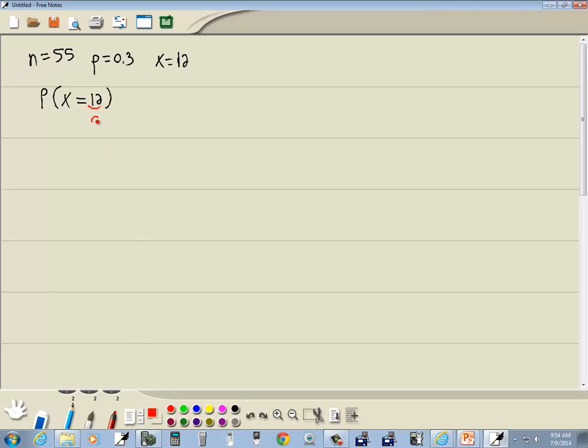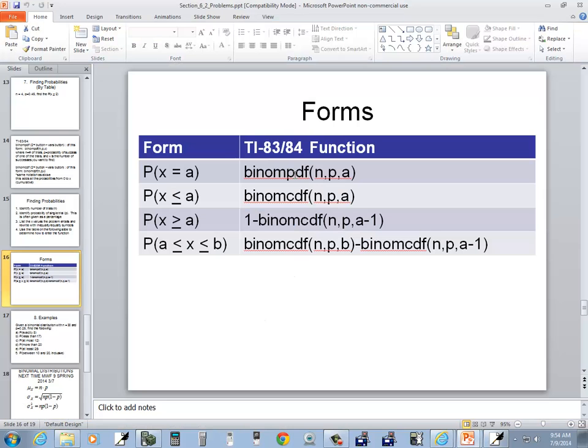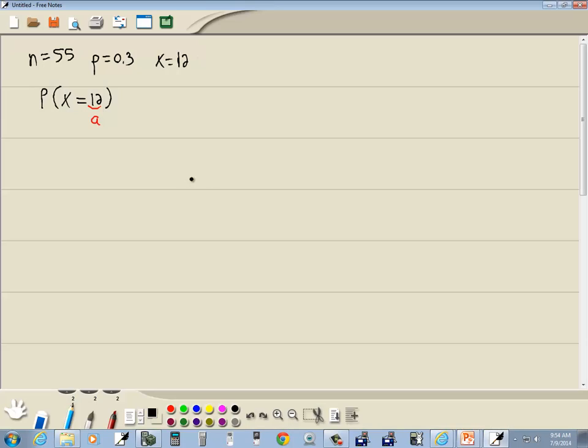So from our formula, it says we're going to do binomPdf. So we'll have binomPdf, n was 55, p is 0.3, and a was 12.